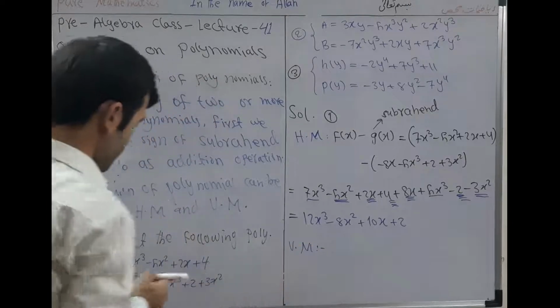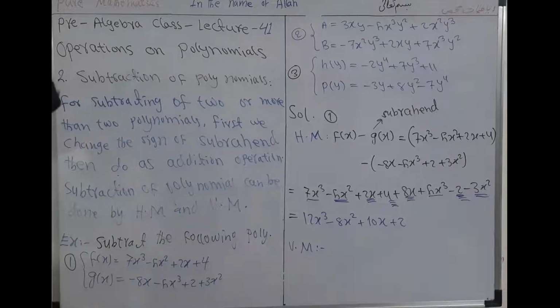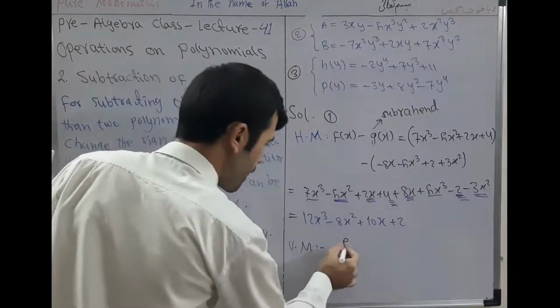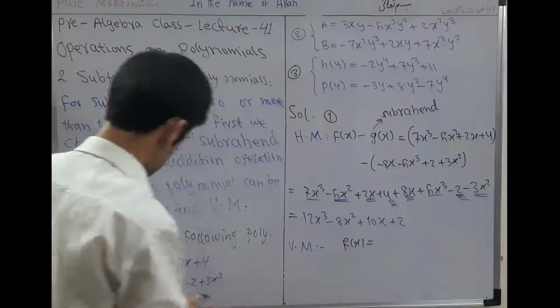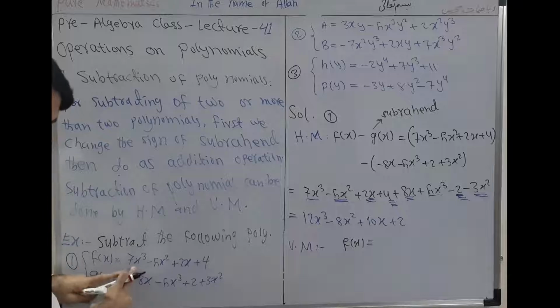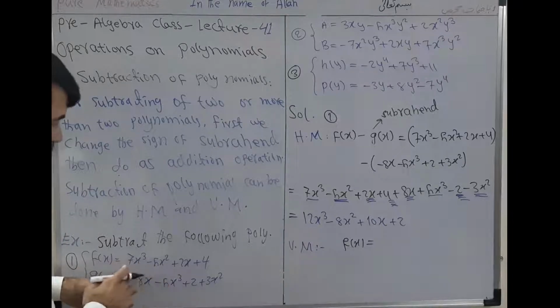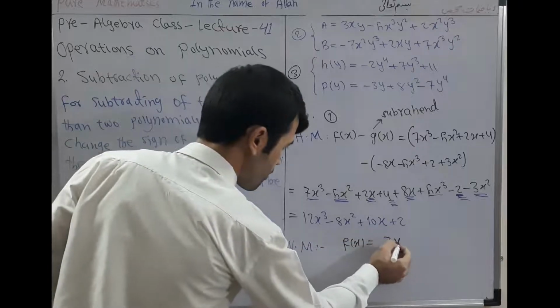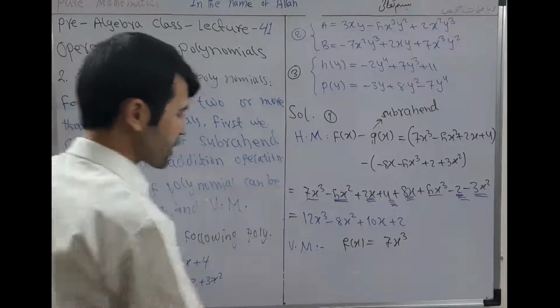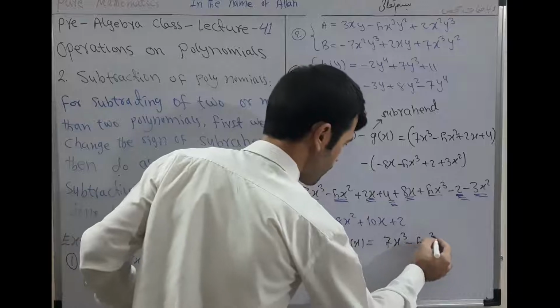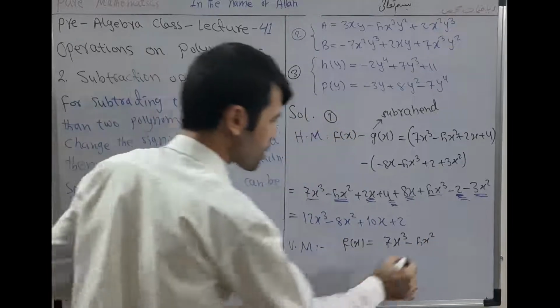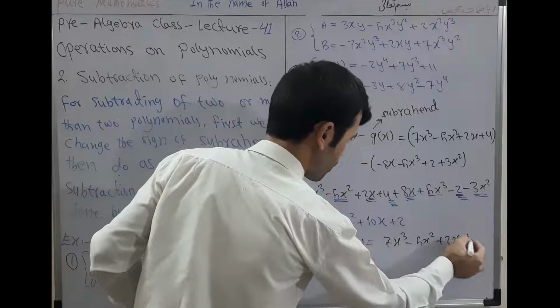In this method, first we have to write f of x is equal to, we have to write by decreasing order this polynomial, 7x cubed minus 5x squared plus 2x plus 4.